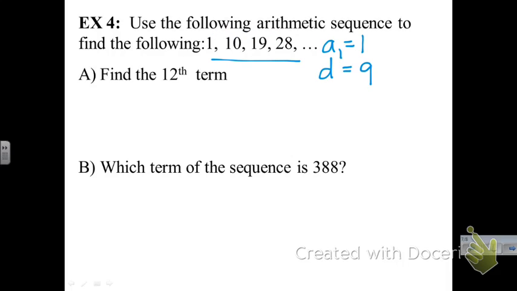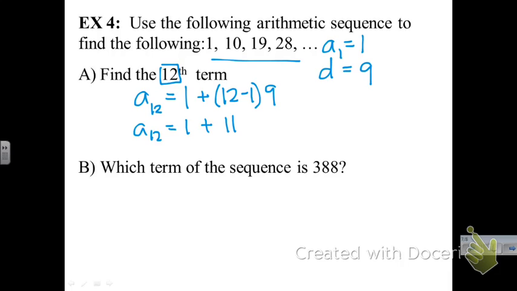And then I'm going to use this information. It says find the 12th term. So a sub 12 is what we're looking for, is equal to a sub 1, and we're just using that formula of an arithmetic sequence, plus n minus 1. Well, n is 12, times d, 9, and then we just simplify this. 1 plus 11 times 9, 1 plus 99 is 100.